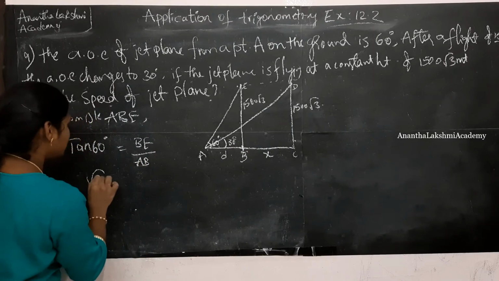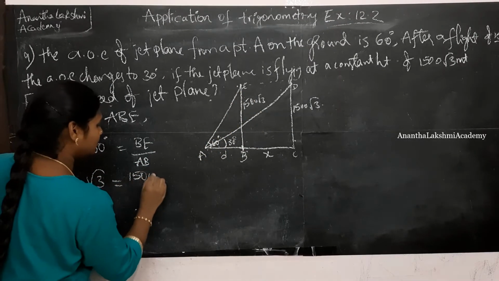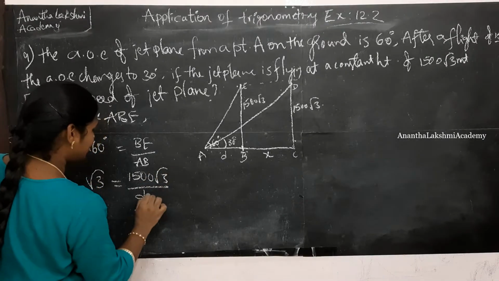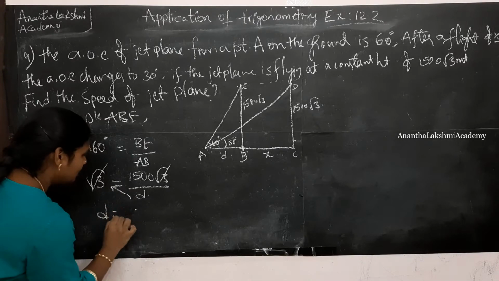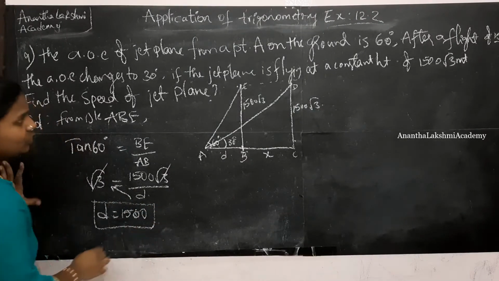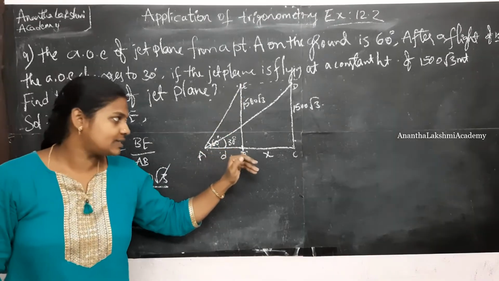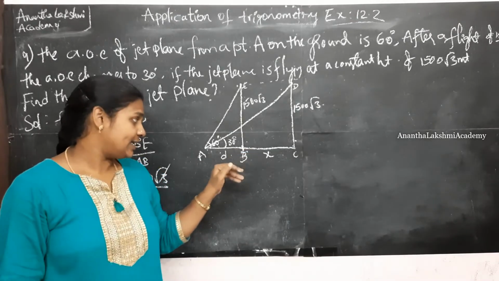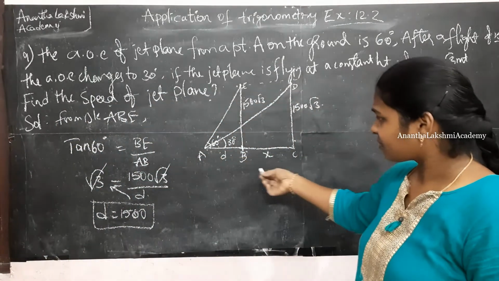Tan 60 is root 3. BE is the height, 1500 root 3, and AB is D. So root 3 gets cancelled, and D comes to 1500. So while making an angle of elevation of 60 degrees, the distance it has traveled to the next point is 1500 meters.